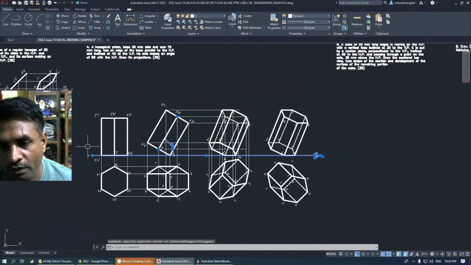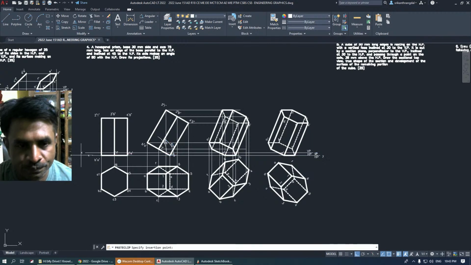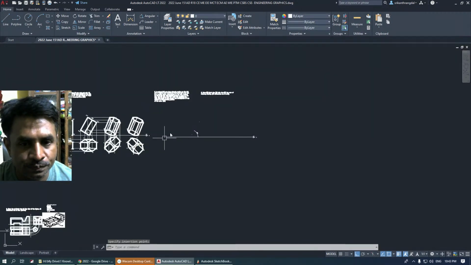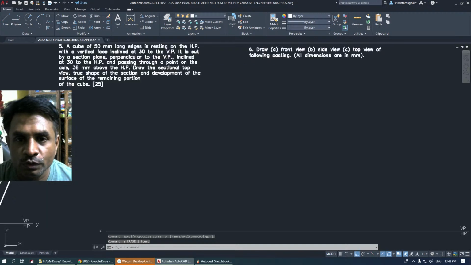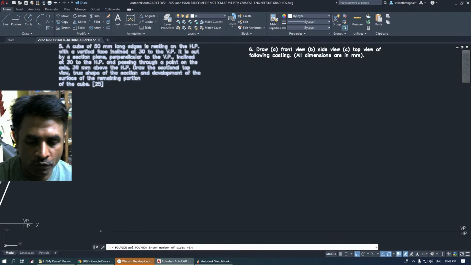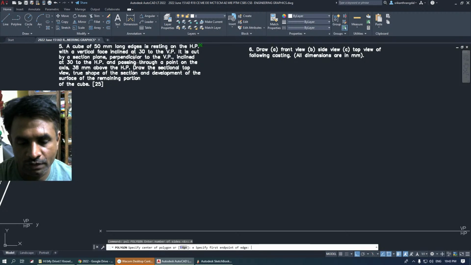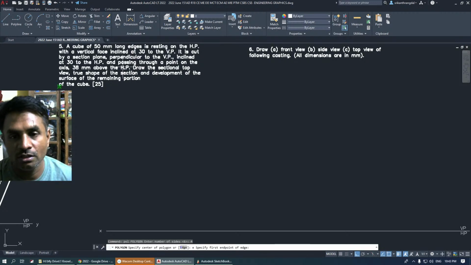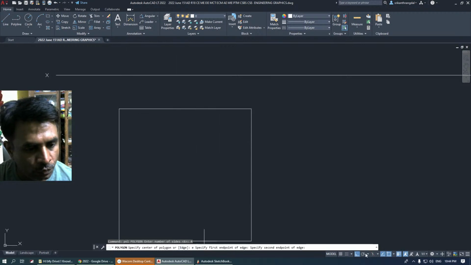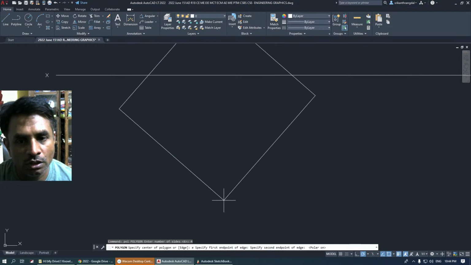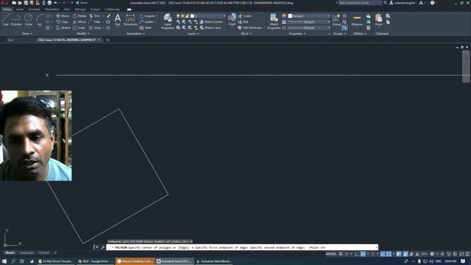Then take a line, and I'm going to need to draw the polygon. The number of sides is 4. The edge method is what I'm going to use. Okay, so I need to use the polar option over here, with an angle of 30 degrees.